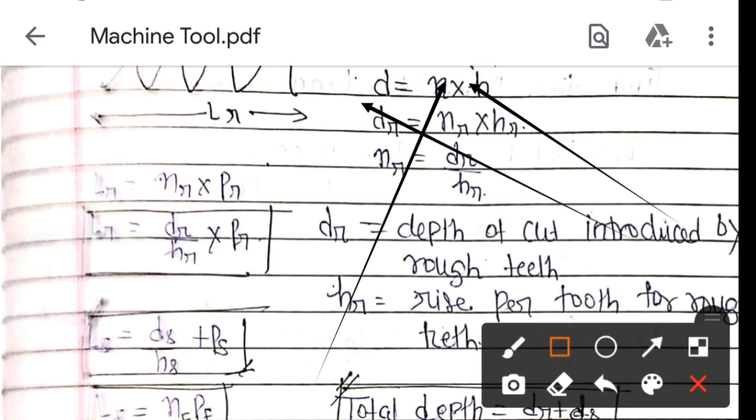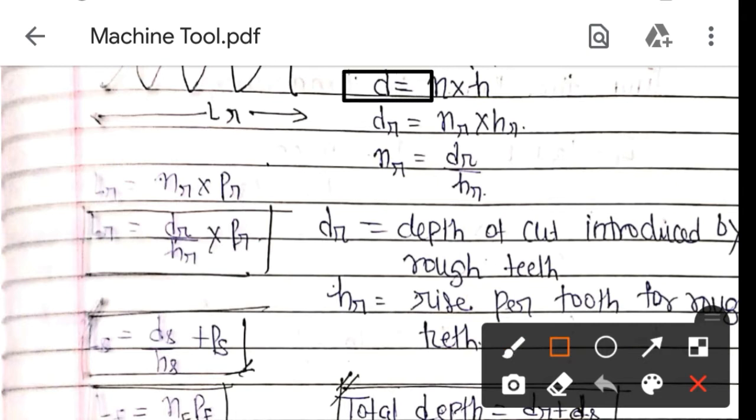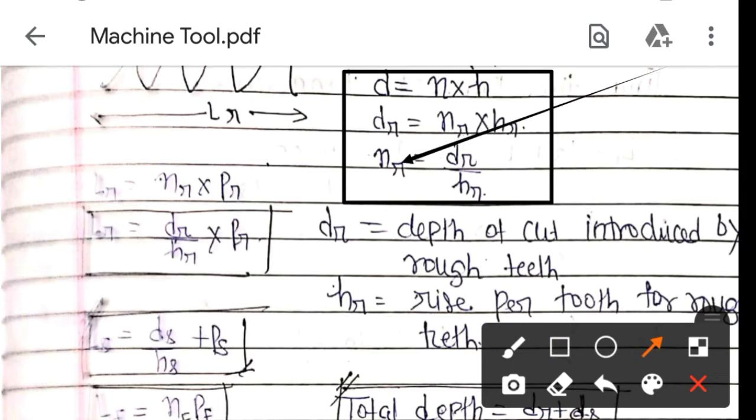This is the general formula, which you can remember, and it is applicable for the roughing teeth, the semi-finishing teeth, and the finishing teeth as well. Just by manipulating this, we get the formula for the number of teeth, which is the depth of cut divided by rise per tooth.